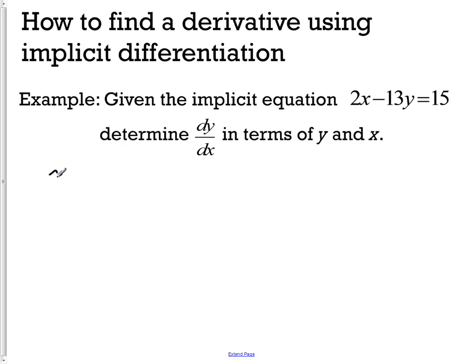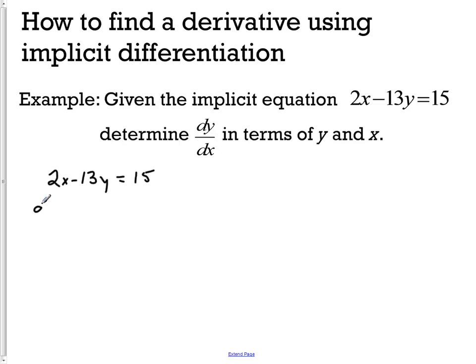Now we could isolate Y very easily, and we will, just to compare in this example. But for right now, let me show you what the method looks like. Basically, we're going to take the derivative on both sides with respect to x. And you think to yourself, well, what does that mean?